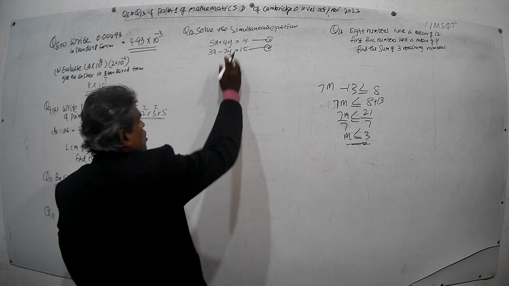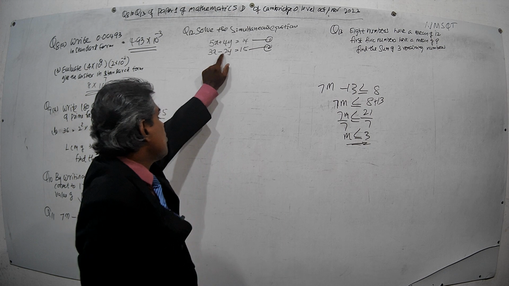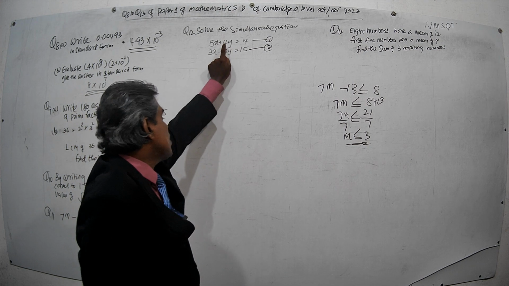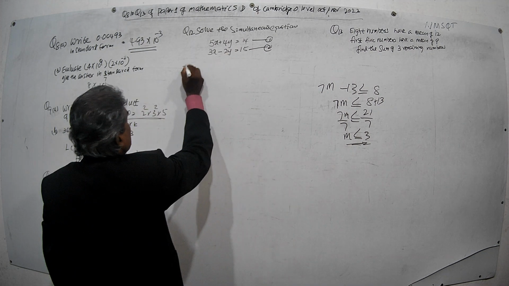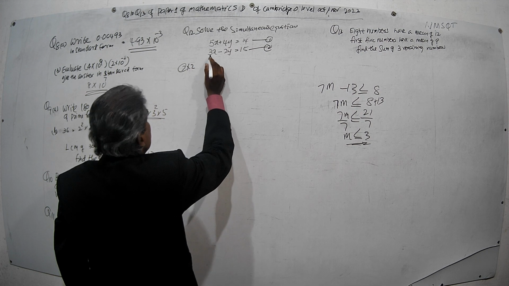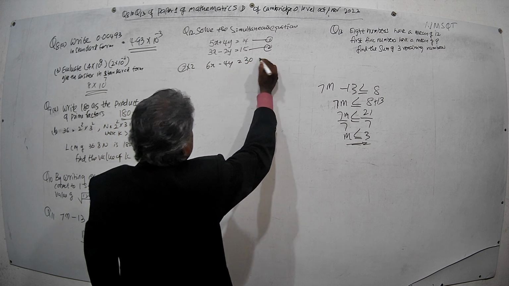But if you are going to eliminate y, we have to multiply only the second equation by 2 to make these two coefficients equal. That is to make this y also 4y, right? Then second one multiplied by 2, it will be 6x, minus 4y, equals 30, this third one.